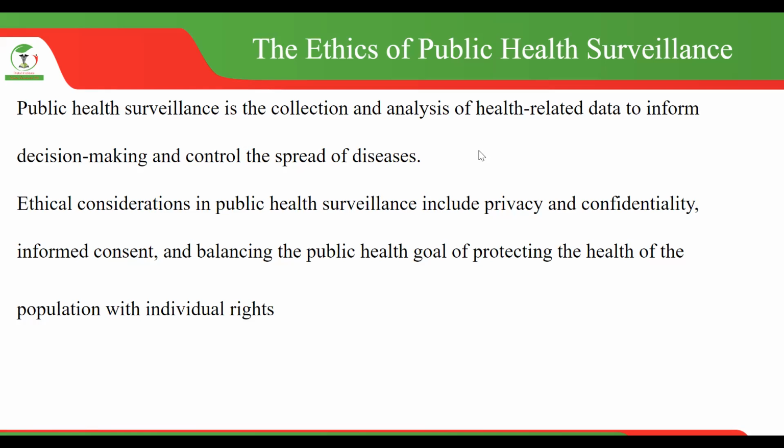However, when you collect data, you are most likely going to infringe on people's privacy, and issues of informed consent are going to arise. And therefore, in the practice of public health, we need to have a delicate balance in collecting health data.